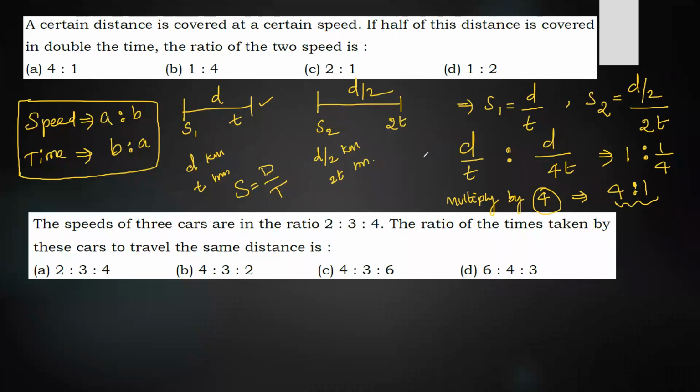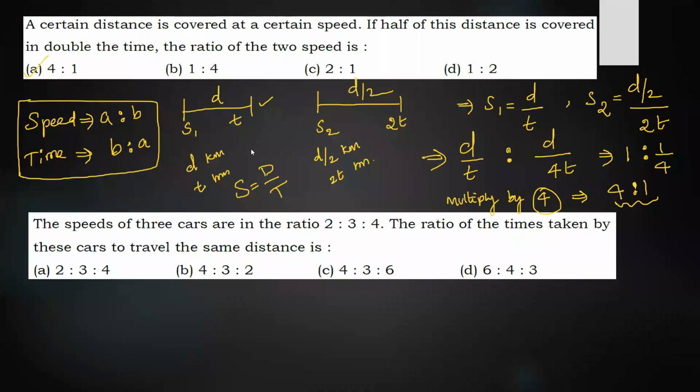I'm taking ratios. The question is the ratio of two speeds, right? I'm taking the ratio. The common terms d and t get cancelled. You get 1 is to 1 by 4. Converting fraction into integer, multiplying throughout by 4, you get 4 is to 1. Is it clear? Question number 1.